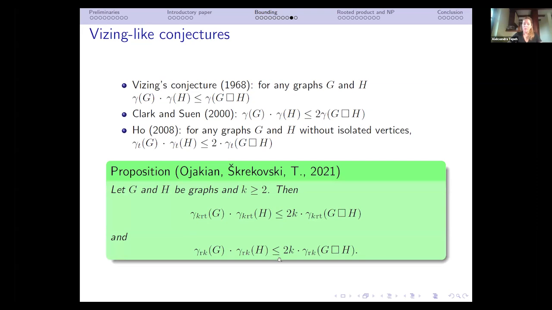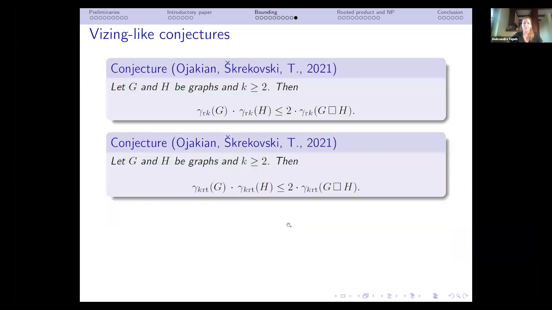But we believe, we are pretty convinced that instead of this factor 2k, there should only be 2. Yeah, so we have another 2 conjectures, one for the total domination version of rainbow and one for ordinary rainbow.